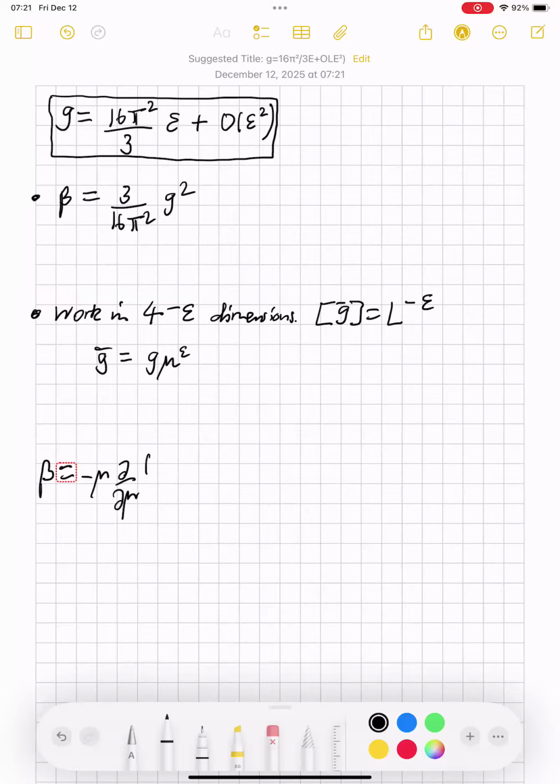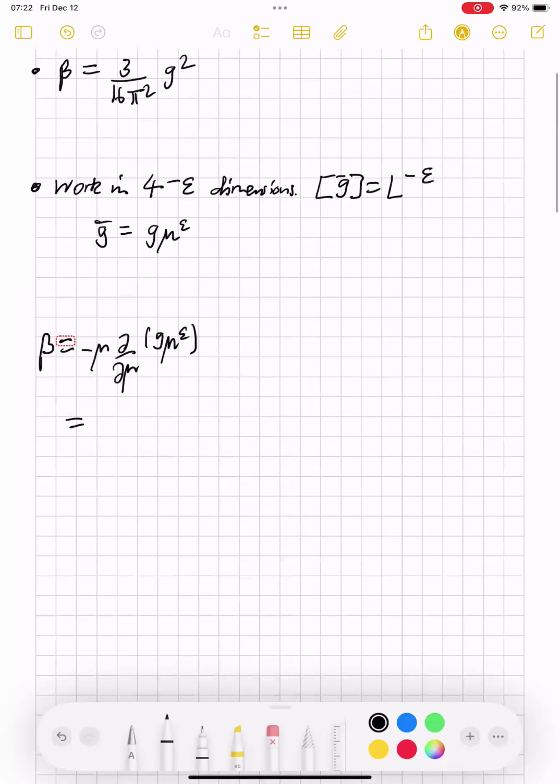Let's write in g bar, there's a g mu to the epsilon. And we had two terms here. The one term was when the mu d by d mu hit the mu to the epsilon, and that gave us a minus epsilon times g mu to the epsilon.